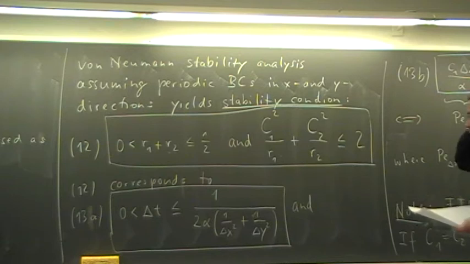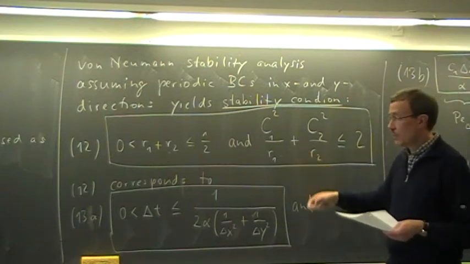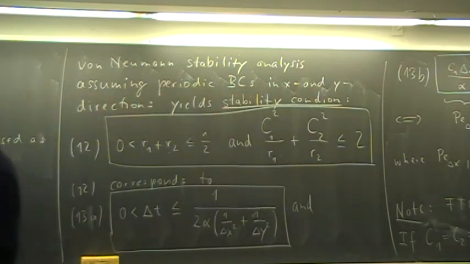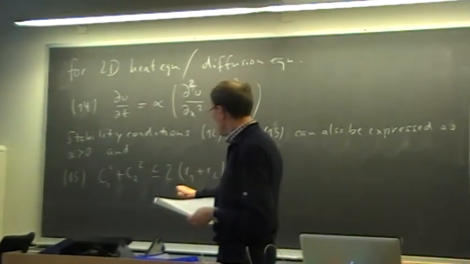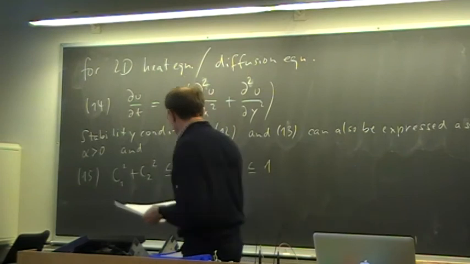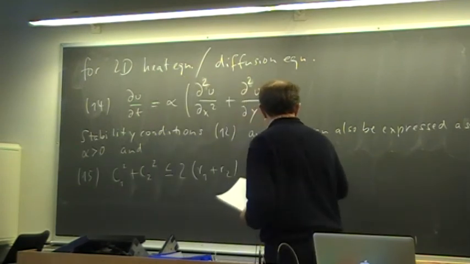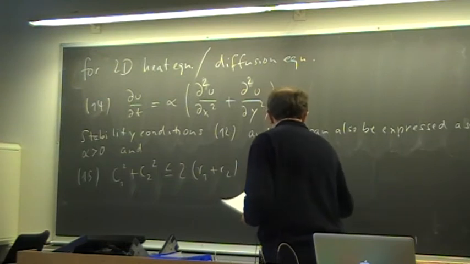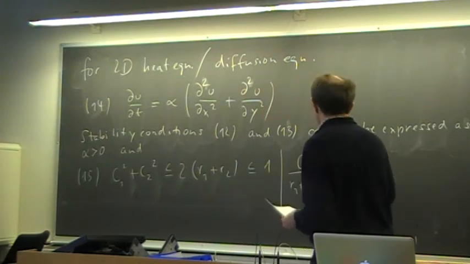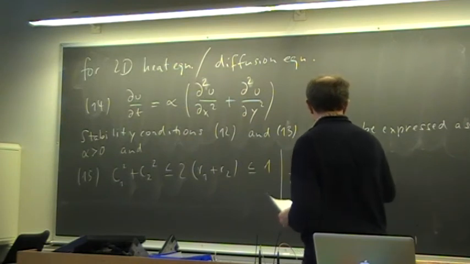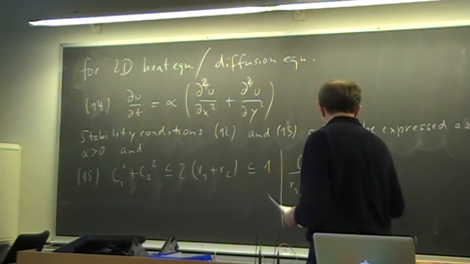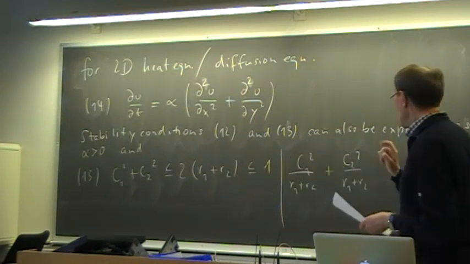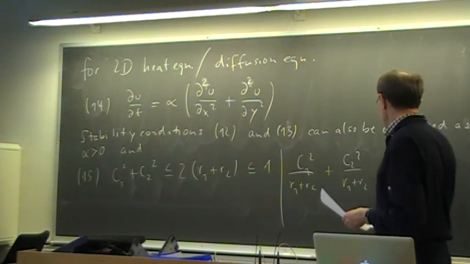You see, if we divide this by R1 plus R2, we would have then C1 squared divided by R1 plus R2. And we can argue the following way.